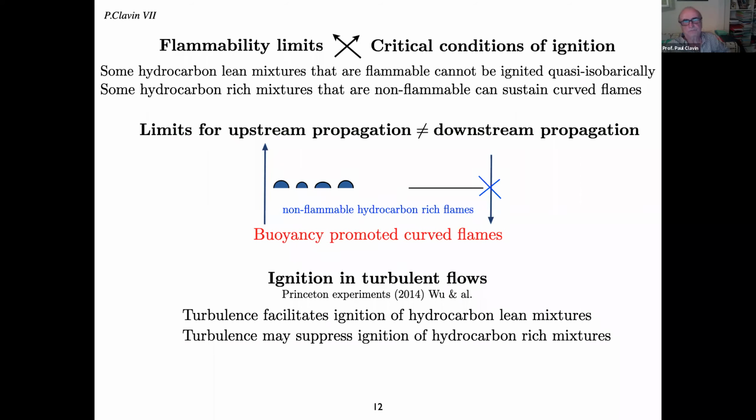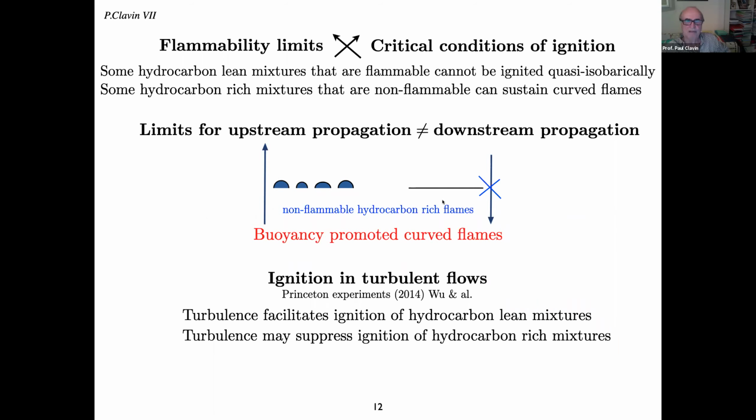Okay, so for the same reason, on Earth, when you take into account the gravity force, upward propagation is possible in a non-flammable mixture because of the steady state, because of the solution of the spherical cap here, the temperature is larger than it is for planar.